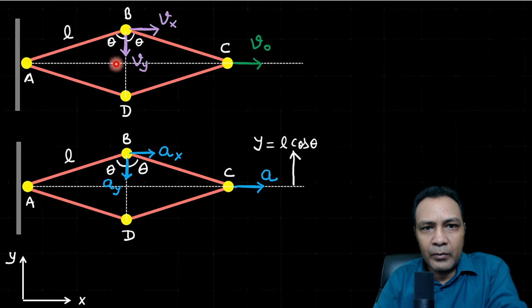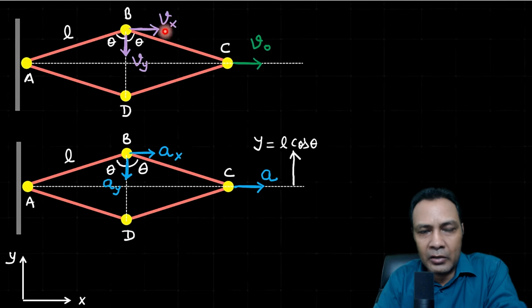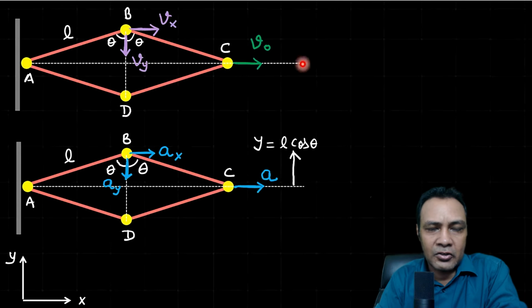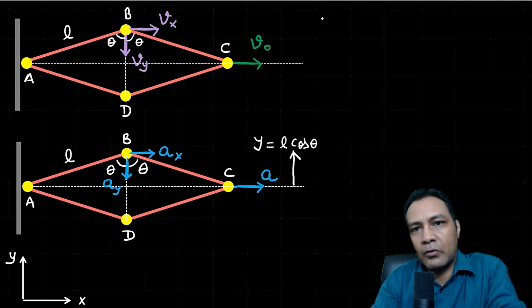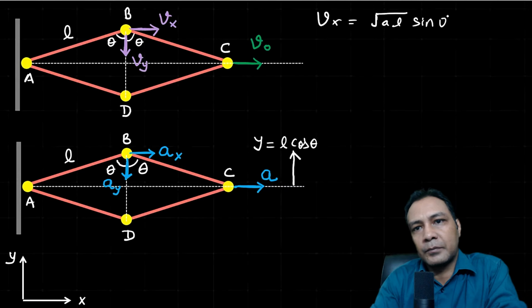Now, from the same analysis, A and C started from the same point. In a given time interval, at any instant, the x coordinate of B is exactly half the x coordinate of C. So the velocity of B along the x direction is exactly half the velocity of C along the x direction. So we had got Vx as V naught by 2, that is square root of AL sine theta.